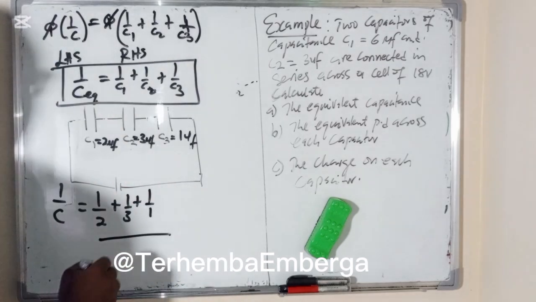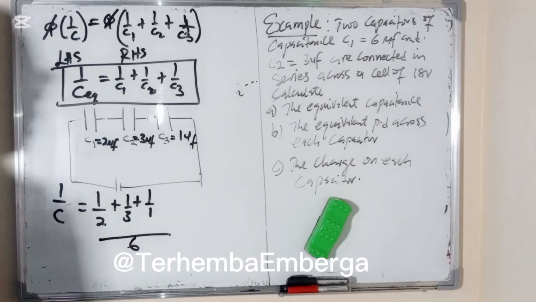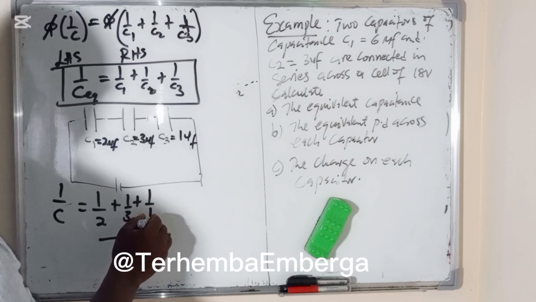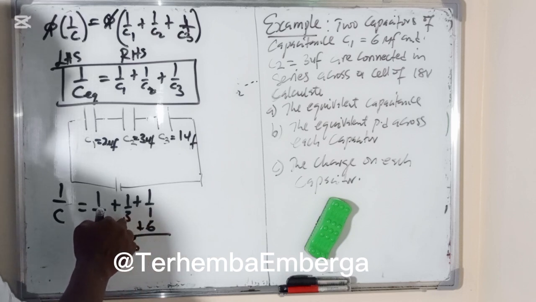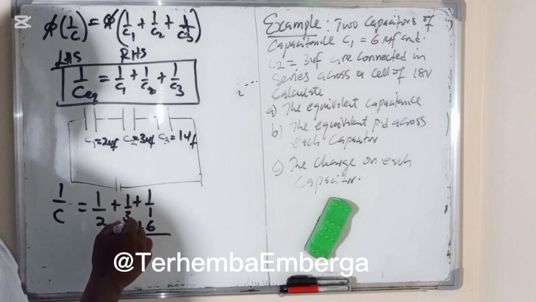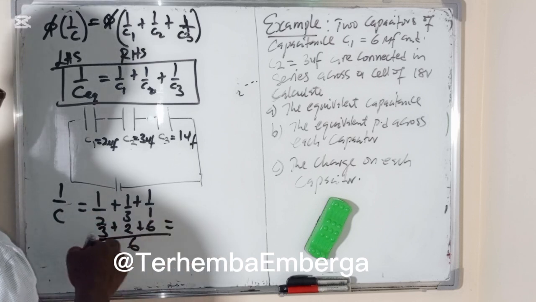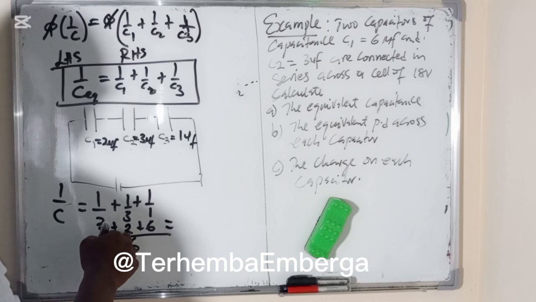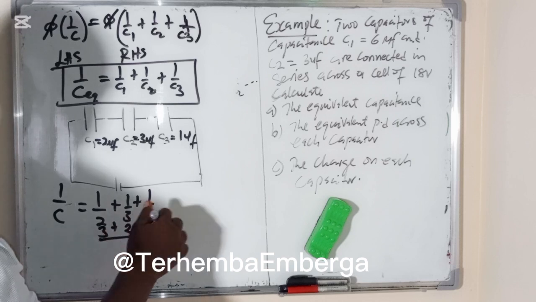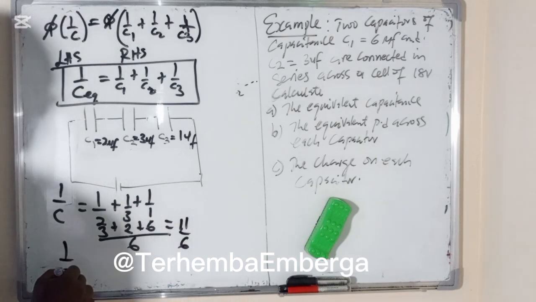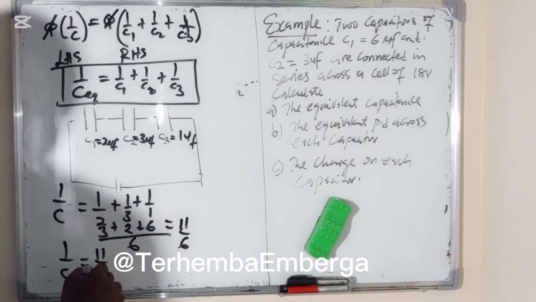Of course, we need to take the LCM, which is 6 in this case. 2 into 6 is 3 times 1 is 3, 3 into 6 is 2 times 1 is 2, 1 into 6 is 6 times 1 is 6. If you add these up, 3 plus 2 plus 6, we have 11 over 6. Therefore, 1 over C is equal to 11 over 6.